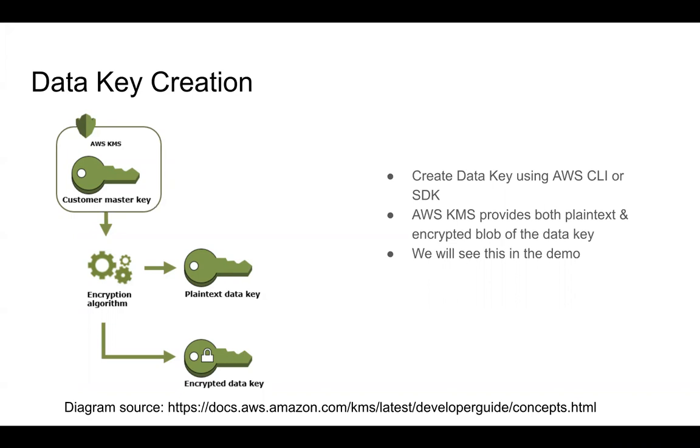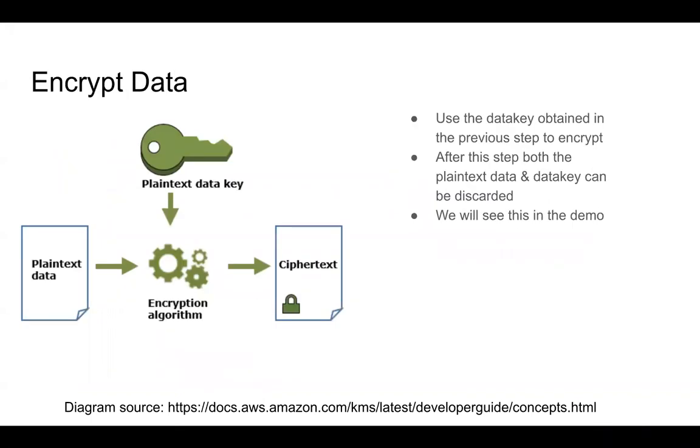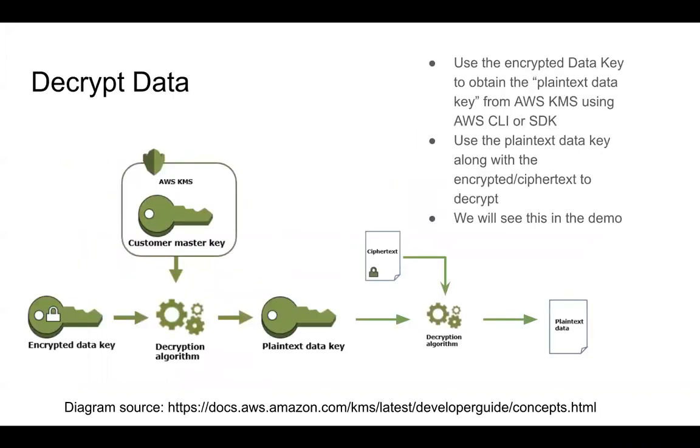So now what happens when you have to decrypt? We already covered the encrypt part, so now I'll go to the next slide. The party who wants to decrypt will obviously have a copy of the encrypted data key. They would use the KMS service and provide this encrypted data key.